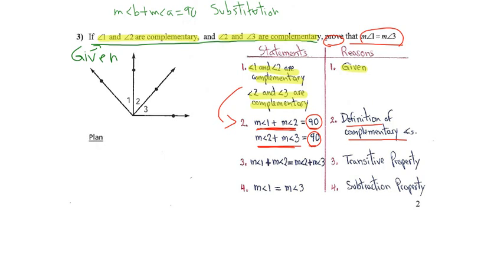So that's what I write over here. The measure of angle 1 plus the measure of angle 2 is equal to the measure of angle 2 plus the measure of angle 3 by the transitive property. And so we're just one step from getting to our conclusion.